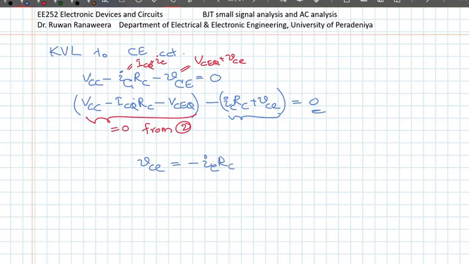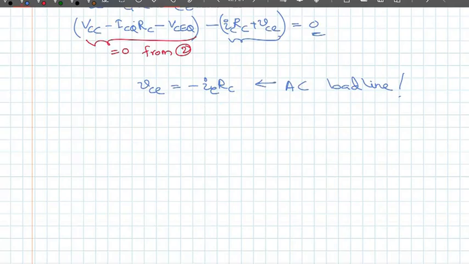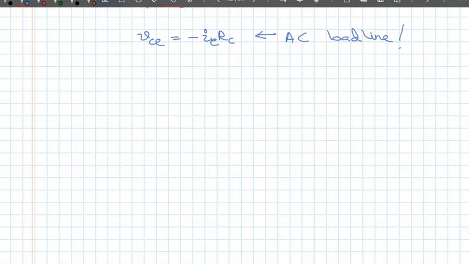Now you see, this is the load line for the AC component. This defines the AC load line. Now, what can you say about this? The AC load line cannot exist on its own. Unless it is properly biased, there will be no AC load line. Therefore the AC load line has to pass through the quiescent point of the DC load line.